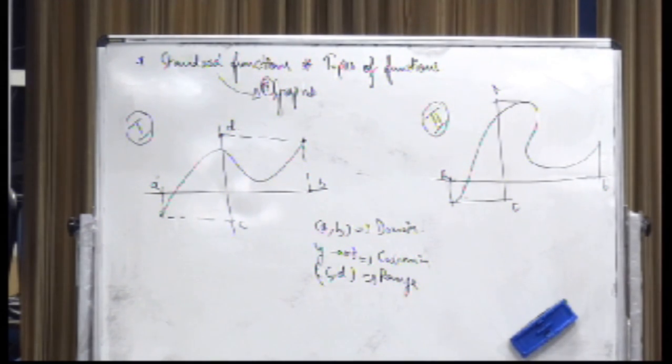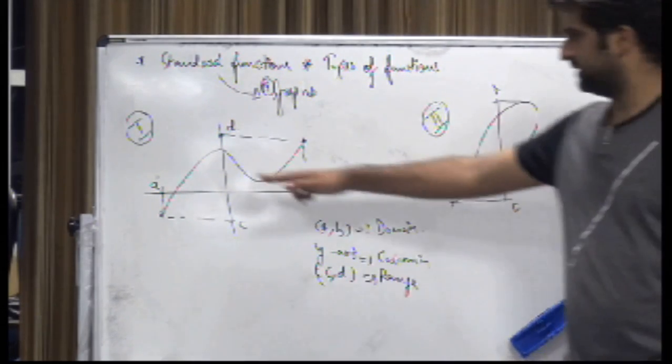Actually, this is not a function. Can you tell me why? Which point does the tangent point in two directions, at one particular point?